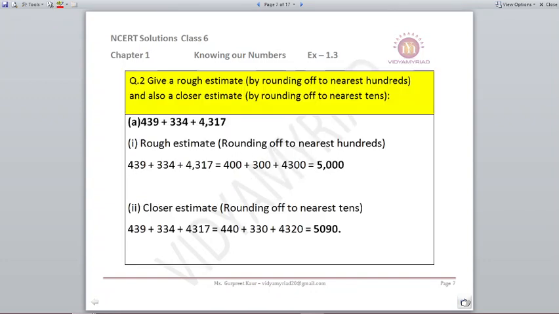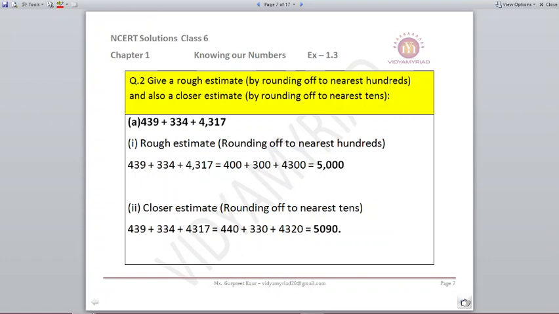Next, give a rough estimate by rounding off to the nearest hundreds and a closer estimate by rounding off to the nearest 10. The numbers given to us are 439, 334, 4317. If I do it nearest to 100, 439 will become 400, 334 will become 300 and 4317 will become 4300.